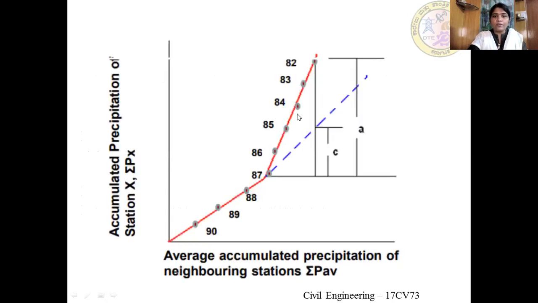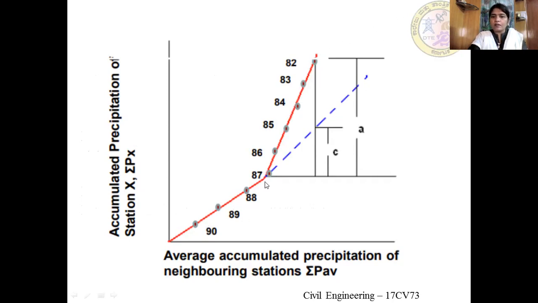So let me show you the figure. Now let us see how it is plotted. This is accumulated precipitation of station X, summation Px, and this is average accumulated precipitation of neighboring stations, P average. Then we plot those readings corresponding to the years. 1990 at the beginning, that is the newest, till 1980, 81 it goes on.